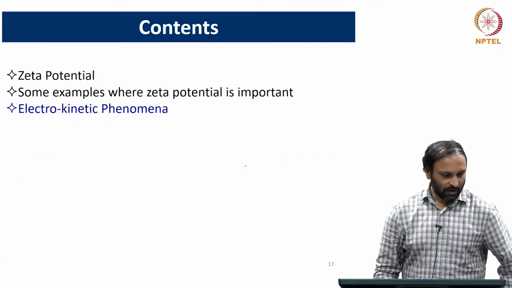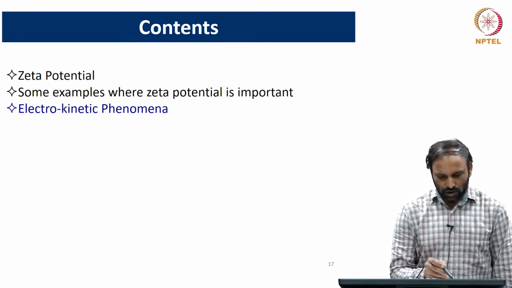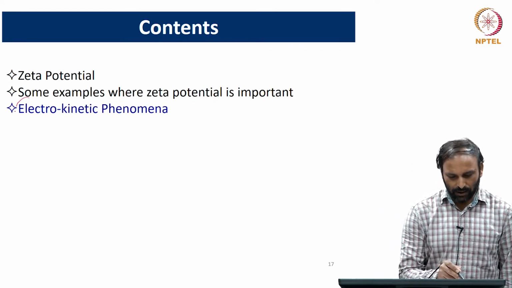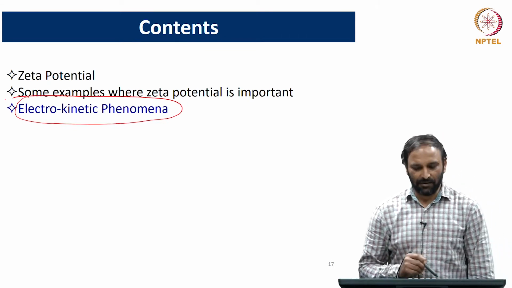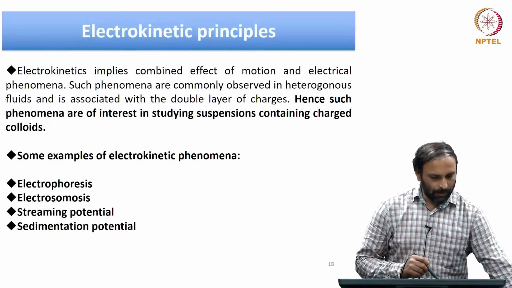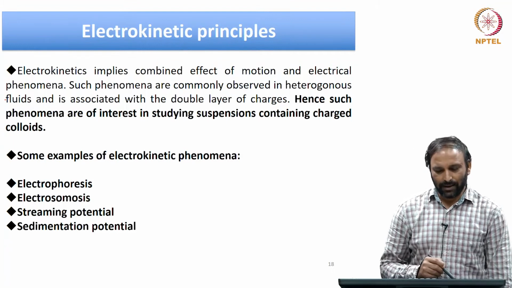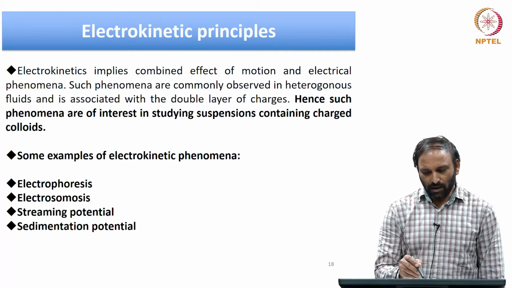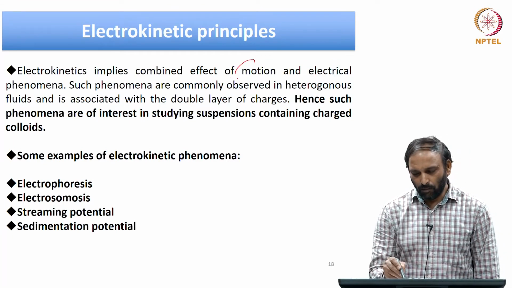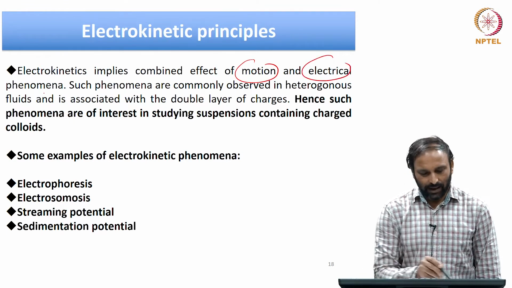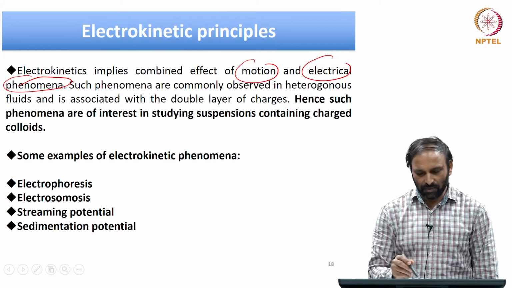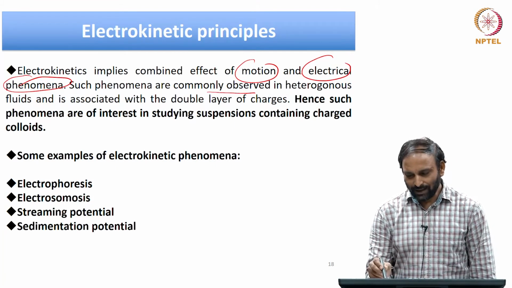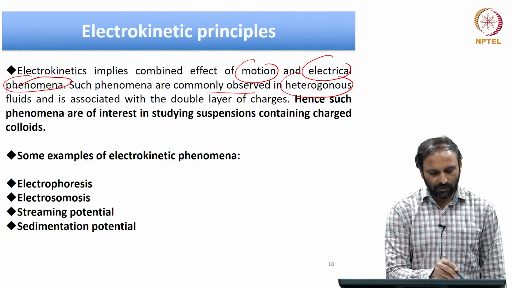So, with that background, we will look at what electrokinetic phenomena are. Electrokinetic essentially implies a combined effect of motion and electrical phenomena, and such phenomena are commonly observed in heterogeneous fluids.